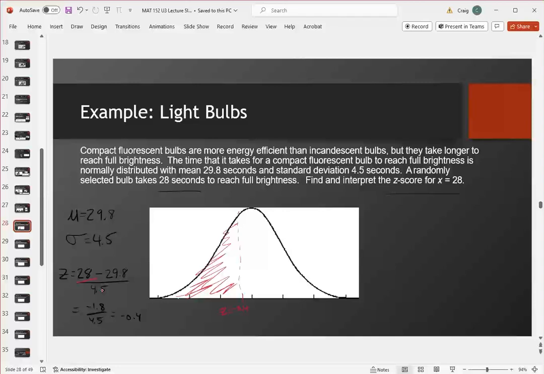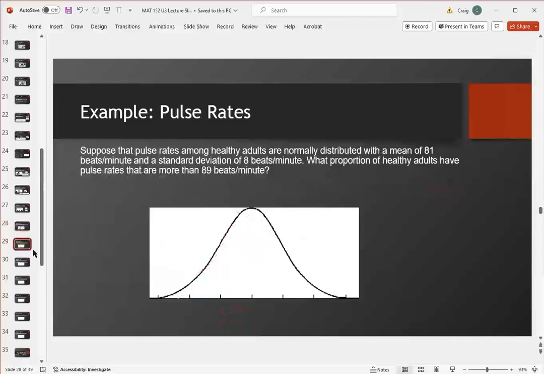The probability of randomly choosing a light bulb that's less than 28 seconds, and you can find the probability that it's greater than 28 seconds, by just splitting the distribution where you found the variable. And we'll see more of this in just a second.